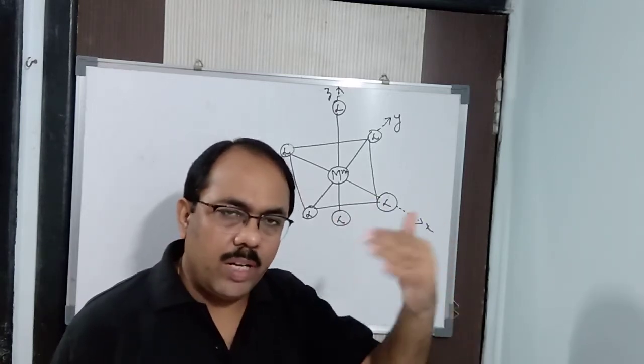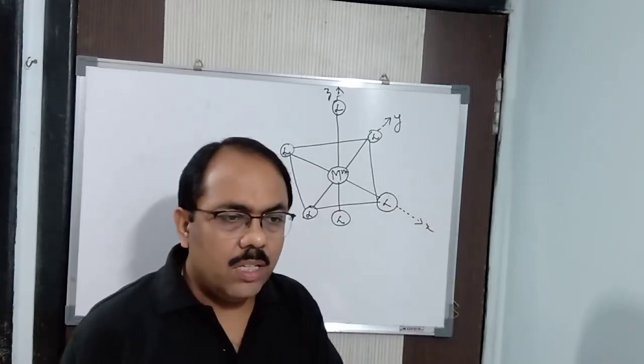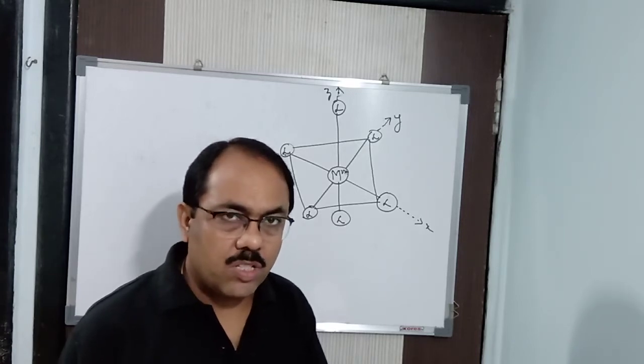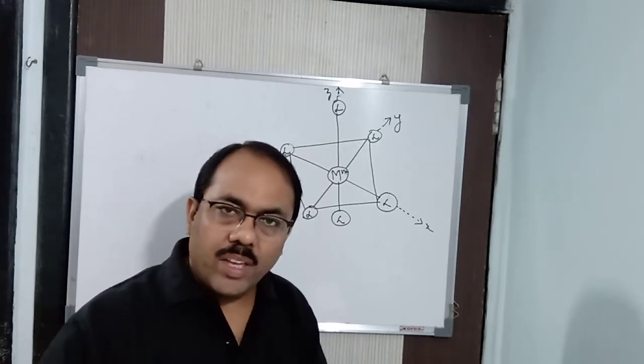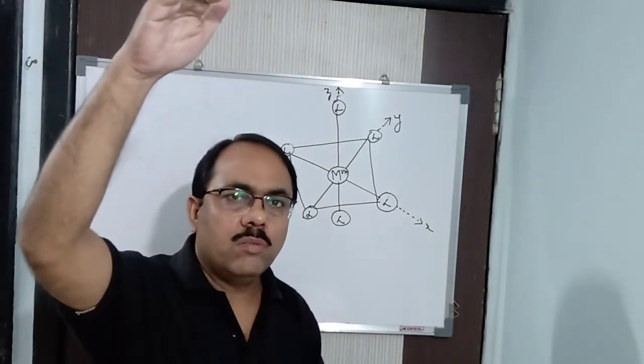I have said many times, the axial orbitals are Eg and the planar orbitals are T2g. So they suffer less repulsion. Less repulsion means less energy, and more repulsion means more energy.